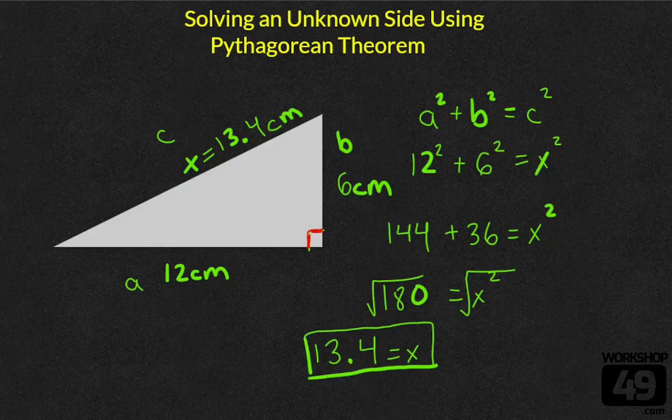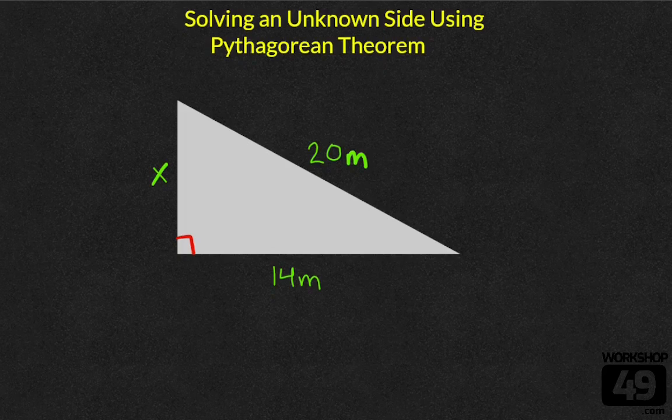Let's go ahead and do another example just where we flip this around a little bit. So now we have a second triangle here, and we've rearranged it a little bit, but what's important this time is we fill in our equation, and we have a squared plus b squared equals c squared. This time, we know our hypotenuse.